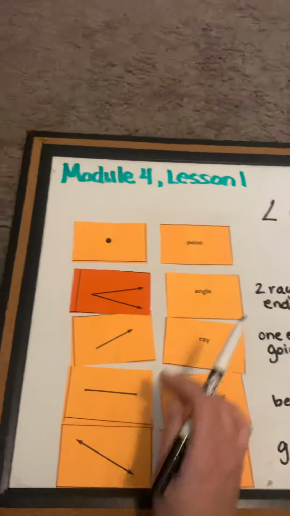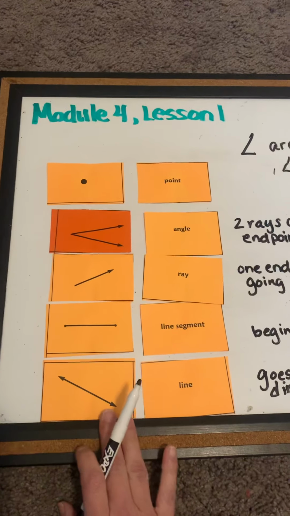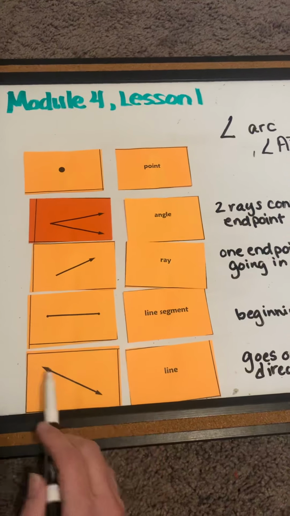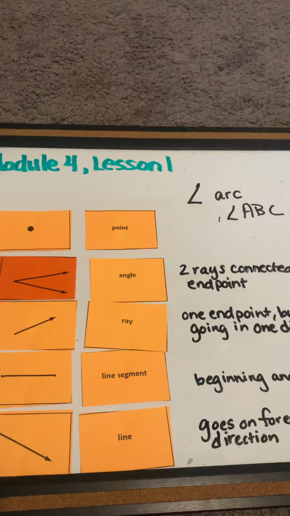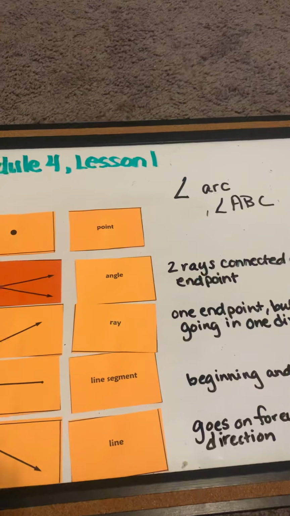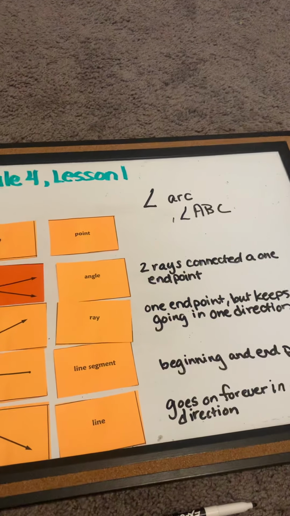How is a line segment different from a line? Remember, a line segment has a beginning and ending, and a line goes on forever and ever in either direction. Okay, so that is our lesson about points, lines, line segments, rays, and angles.